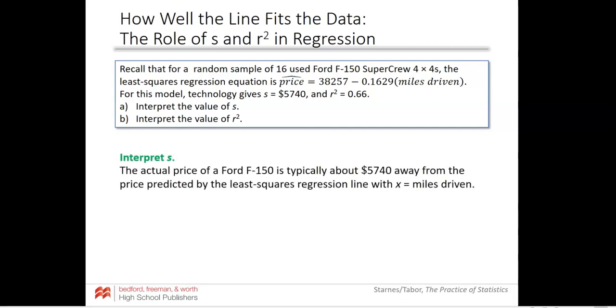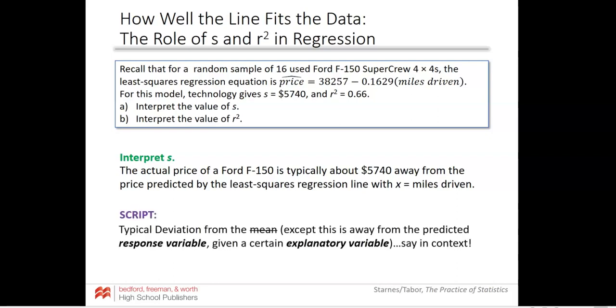So interpret S. The actual price of a Ford F-150 is typically about $5,740 away from the price predicted by the least squares regression line. The script you want to use, this is what I would say, instead of typical deviation from the mean, because this is the standard deviation of the residuals, we would say it's typical deviation from the predicted response variable given a certain X variable.